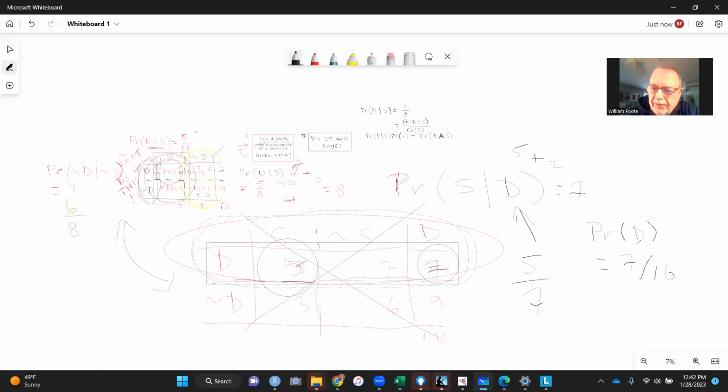And the probability of S given D, by analogy with the way we did it over here, and just think analogically for a second, will be equal to, now let me go back to the equation up here.